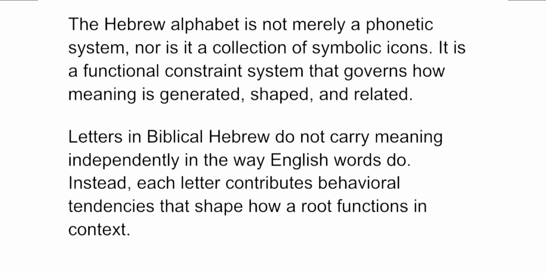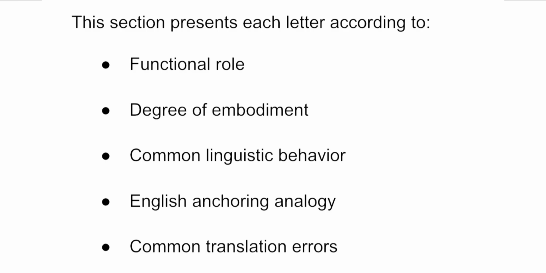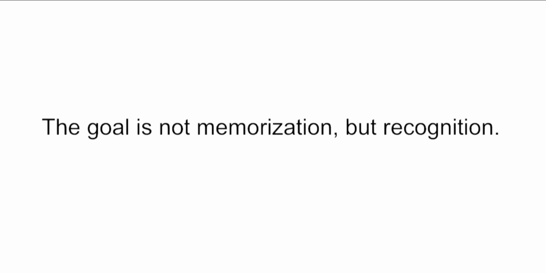Instead, each letter contributes a behavioral tendency that shapes how a root functions in context. This system presents each letter according to its functional role, its degree of embodiment, its common linguistic behavior, and an English anchoring analogy, and common translation errors. The goal is not to memorize, but recognition.